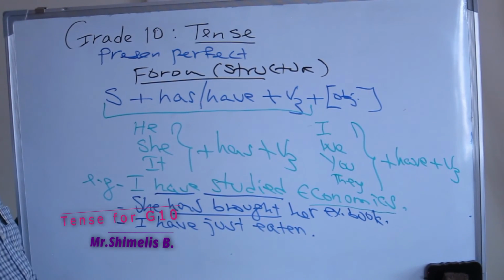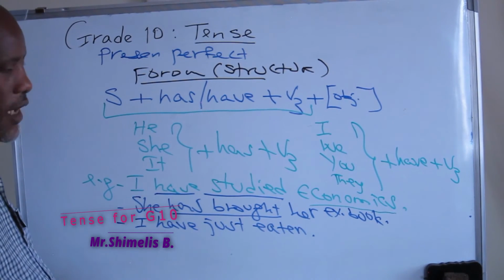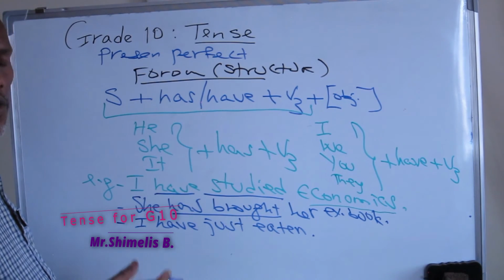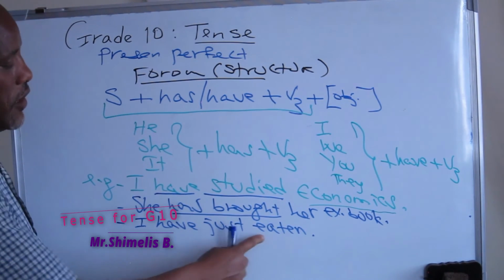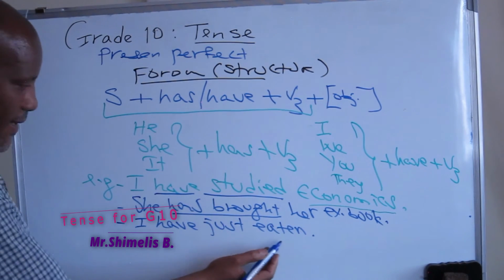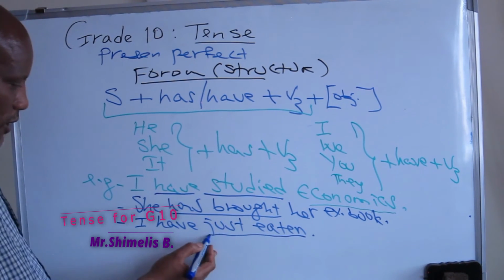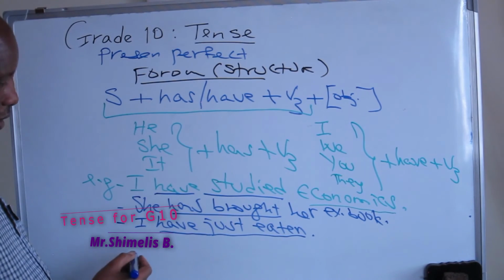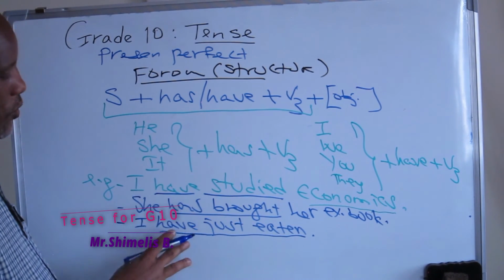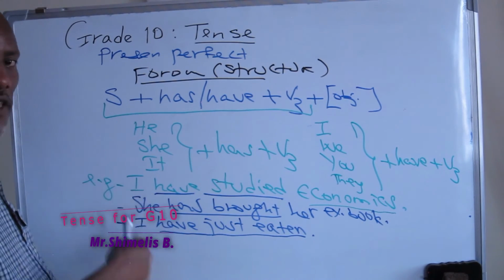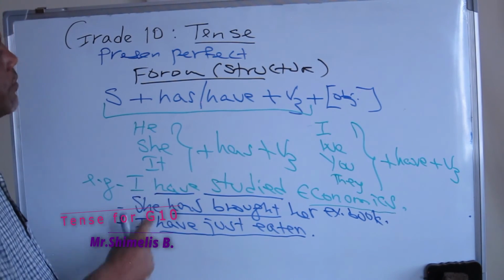If someone asks you after you have already had a dinner or a breakfast or a lunch, you might say, I have just eaten, which means this is a recently completed action, okay, whose effect is still going on. So for actions which happened in the past but whose effect is still going on, we use present perfect.